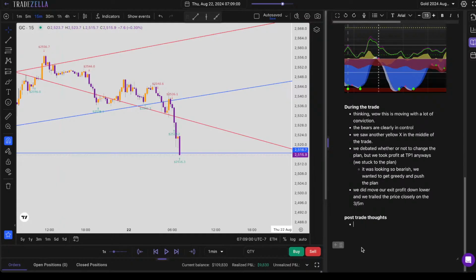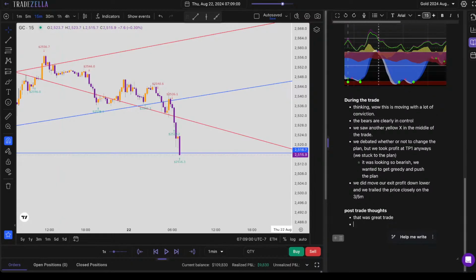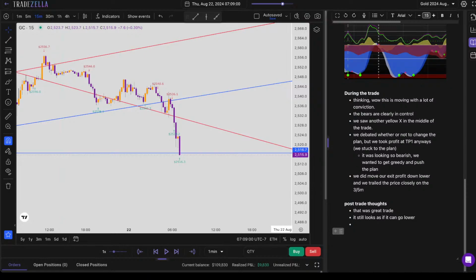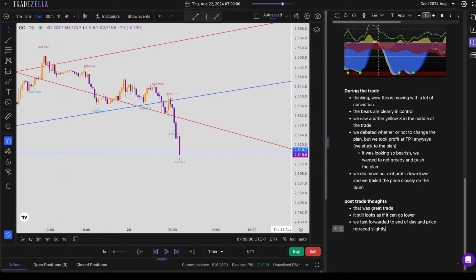Post trade thoughts were, that was a great trade. It still looks as if it can go lower. We fast forwarded to end of day, and price retraced slightly.